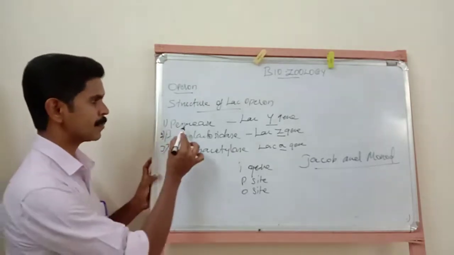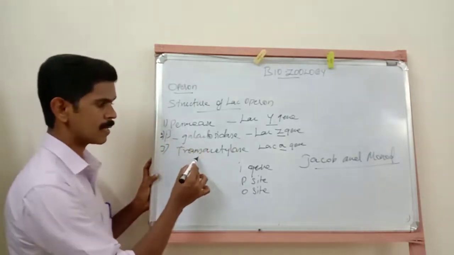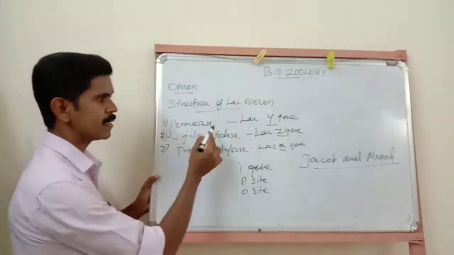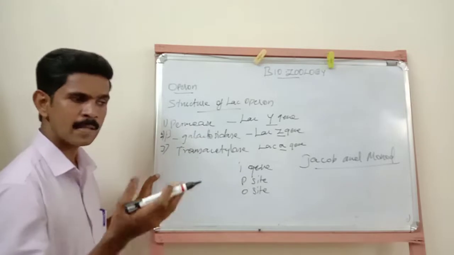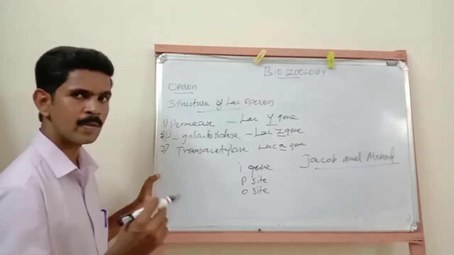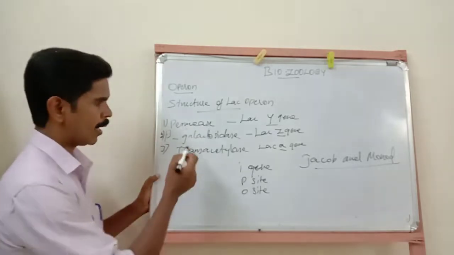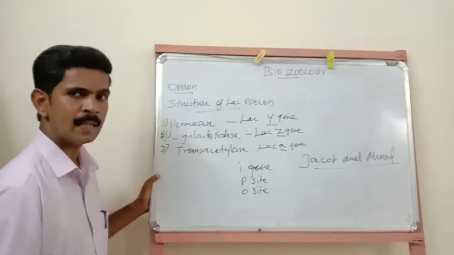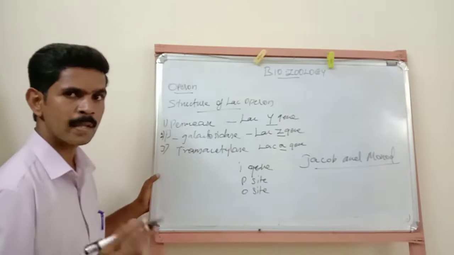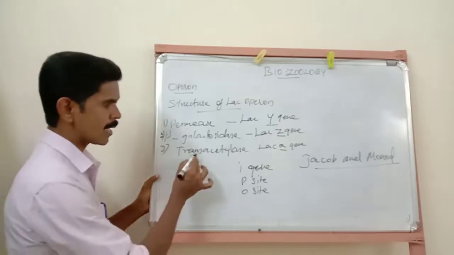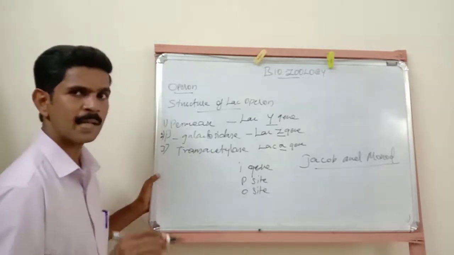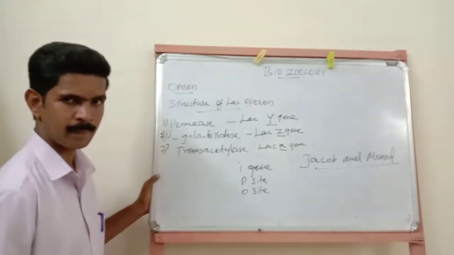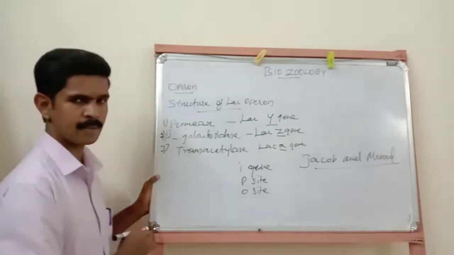There are three enzymes: permease, beta-galactosidase, and the third one is transacetylase. Permease is needed for the entry of lactose inside the bacteria. Beta-galactosidase hydrolyzes lactose into glucose and galactose. And transacetylase converts acetyl CoA into beta-galactoside. So these three are the enzymes.